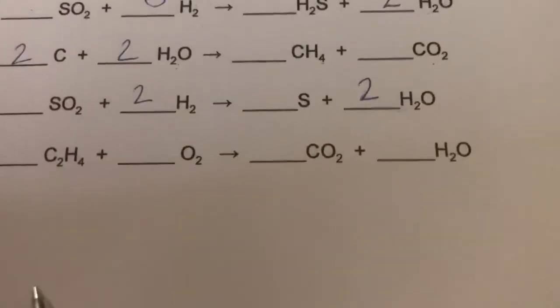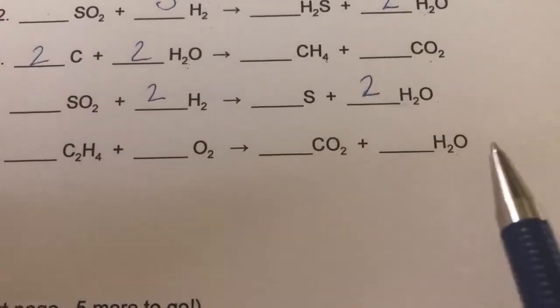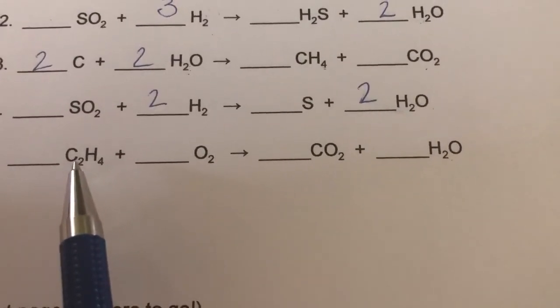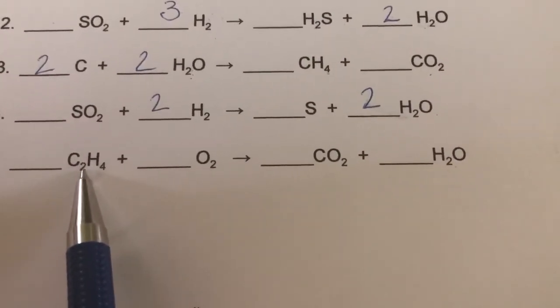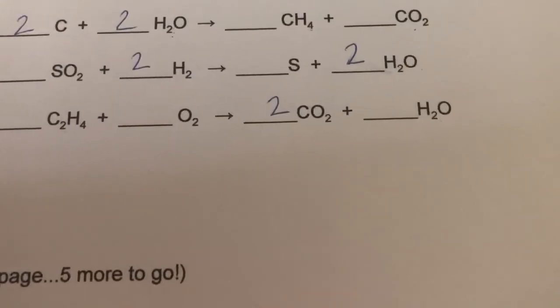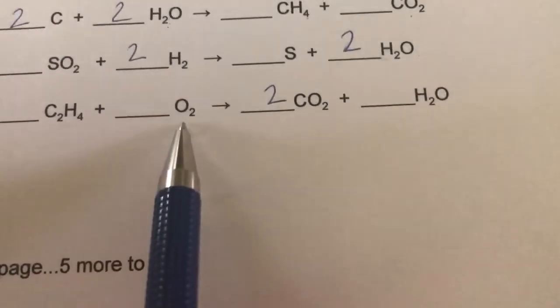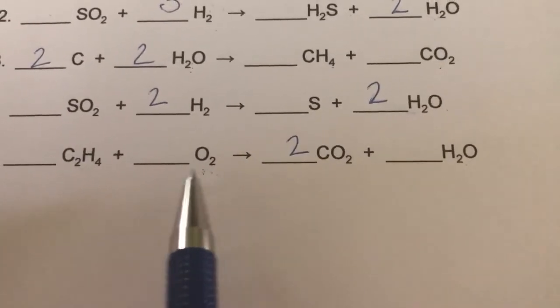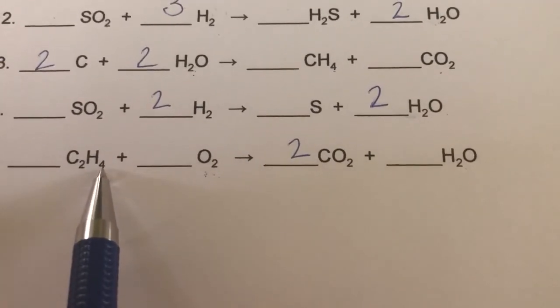But just like we've done in the past, because you have hydrogen and oxygen on both sides, you want to start with the carbon first. Here I have 2 carbons, and on this product side I have 1 carbon, so I need a coefficient of 2. Now because I have oxygen here by itself, that means I'm going to leave it for the end, and I'm going to balance my hydrogens first.